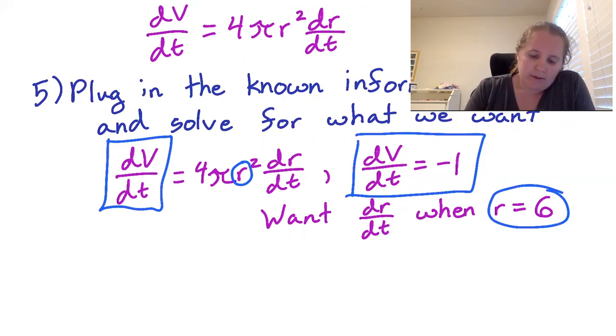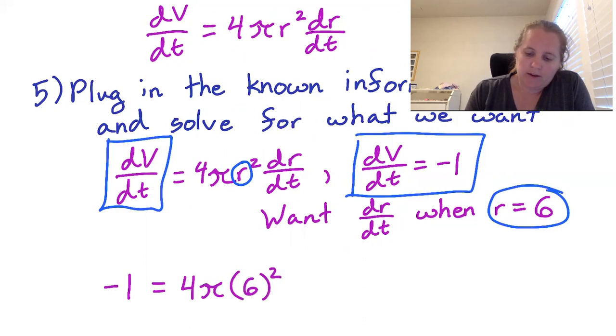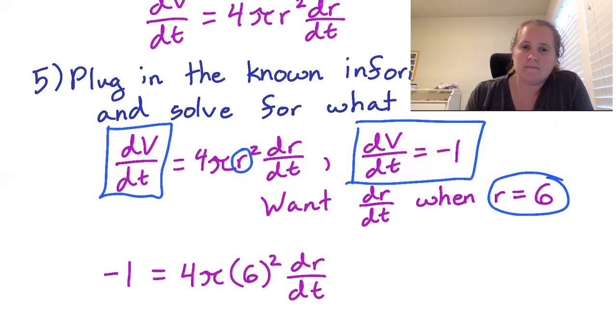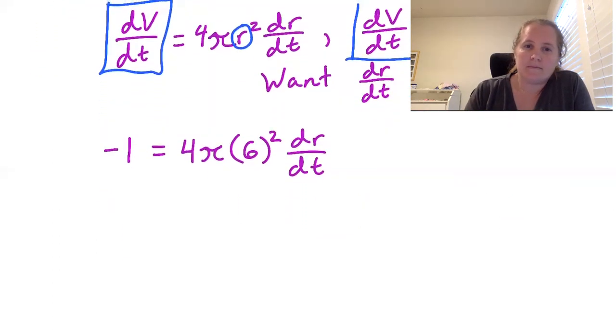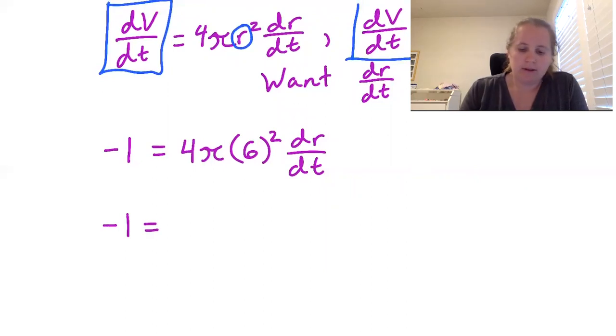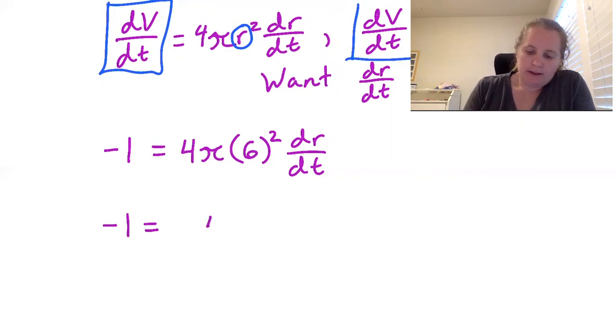So we have -1 is equal to 4 pi times 6 squared times dr/dt. Or -1 is equal to 4 times 36. We would be looking at, let's see, 24.